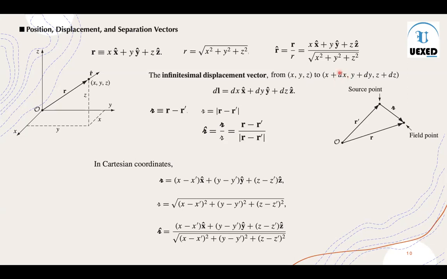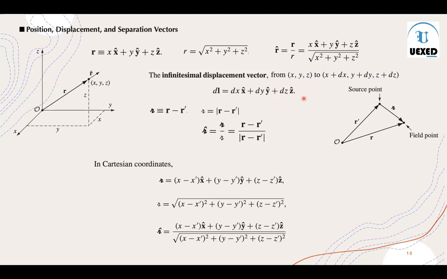So dx represents the change in the x coordinate, dy the change in the y coordinate, and dz the change in the z coordinate. This way you can define an infinitesimal displacement vector, dl vector, equal to dx x cap plus dy y cap plus dz z cap.